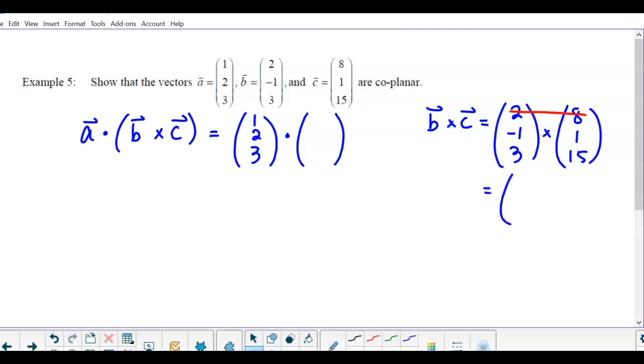So negative 15 minus 3 is negative 18. Minus 24, change the sign. So 30 minus 24 is 6, change the sign is negative 6. And 2 minus negative 8 is going to be 10.